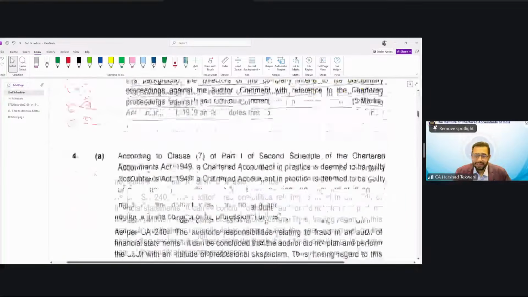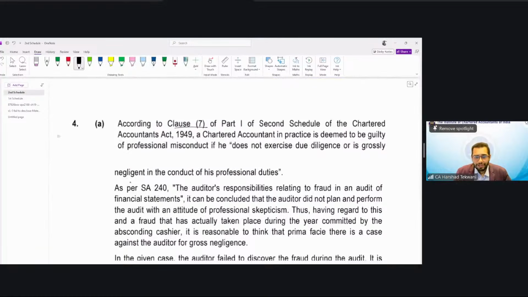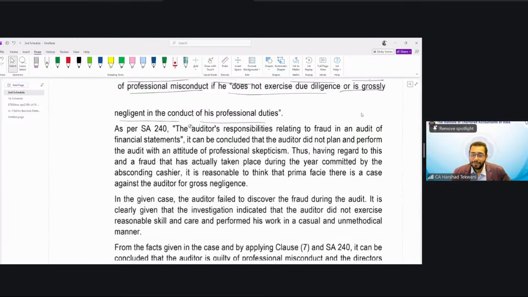Now let's see the answer. According to clause 7, part 1 of the second schedule of the CA Act 1949, a chartered accountant in practice is deemed to be guilty of professional misconduct if he does not exercise due diligence or is grossly negligent in the conduct of his professional duties. In this particular scenario, the auditor failed to discover the fraud.